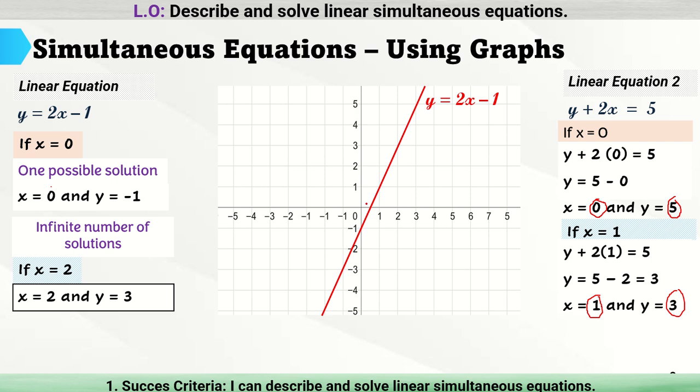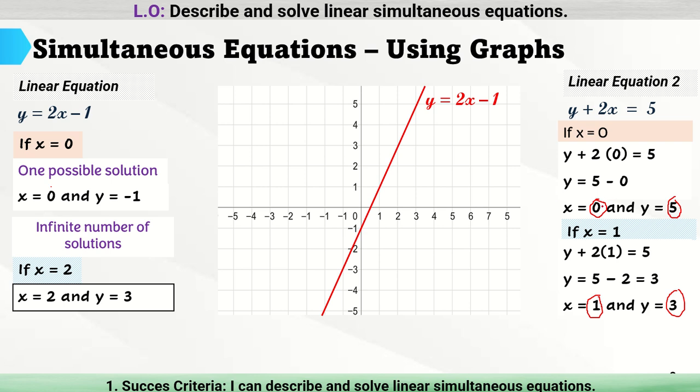Now all the points are here for this line, for this equation, right? Now the same way we are going to do for the second equation, which now has two solution pairs. We'll consider both of them. We can have more than two as well, but we just need two to make a line.